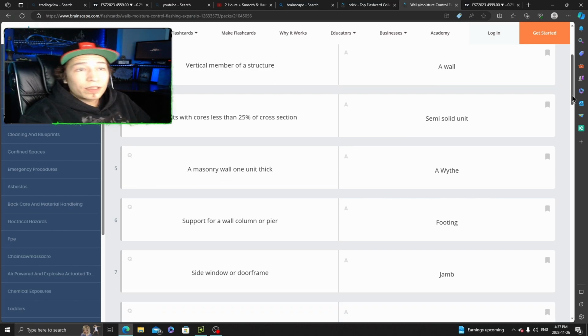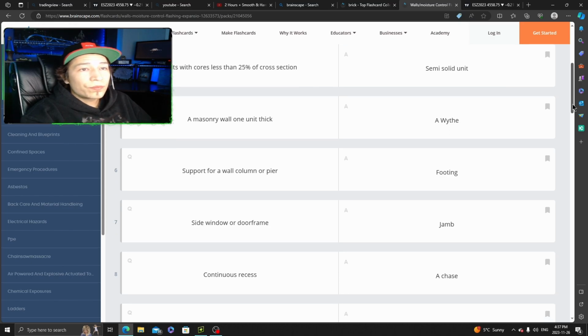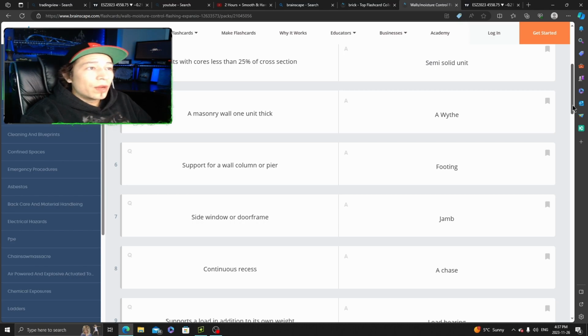I didn't know that. Semi-solid unit. Units with cores less than 25% of cross section. So a semi-solid unit is units with cores less than 25% of cross section. A wythe. A masonry wall 1 unit thick.